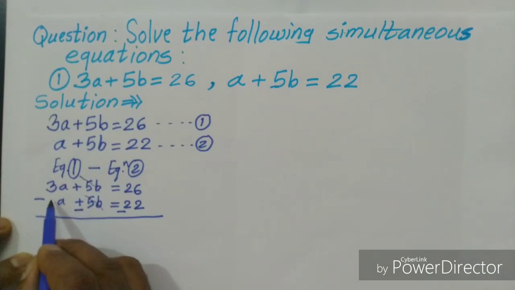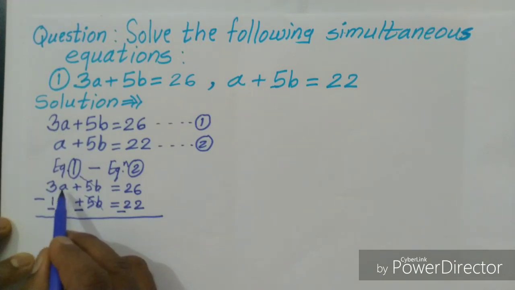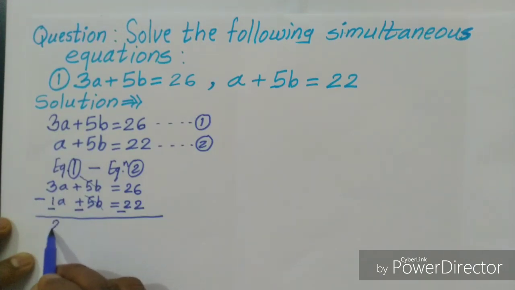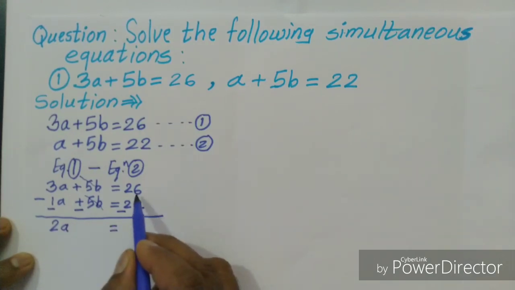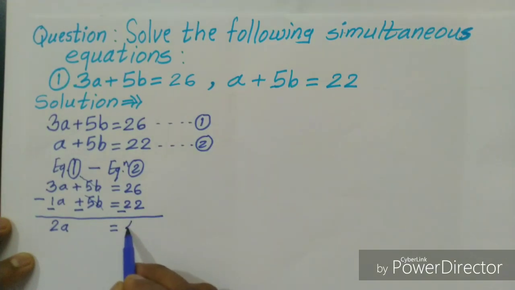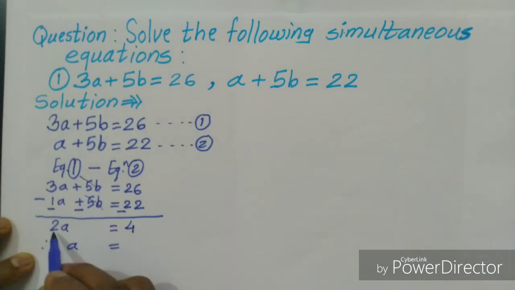Coefficient of a is 1. 3a minus 1a, 2a, is equal to 26 minus 22, which is 4. Therefore, a is equal to 4 upon 2, so a is equal to 2.